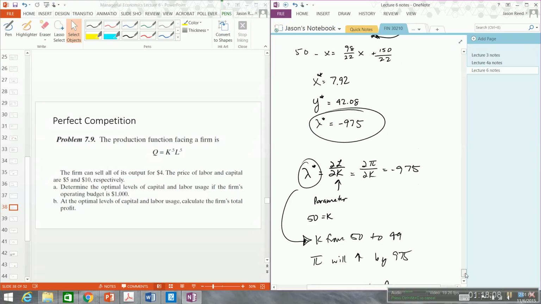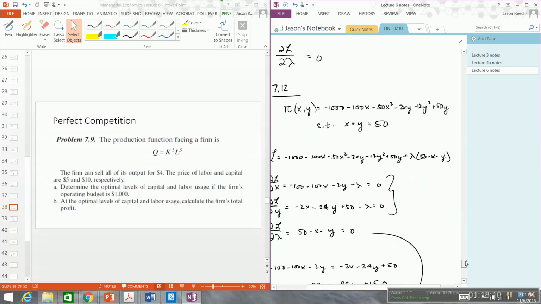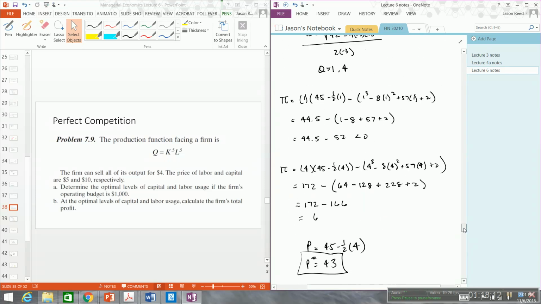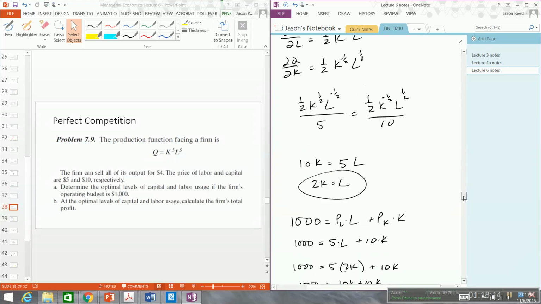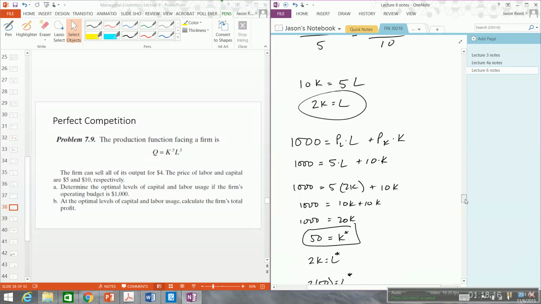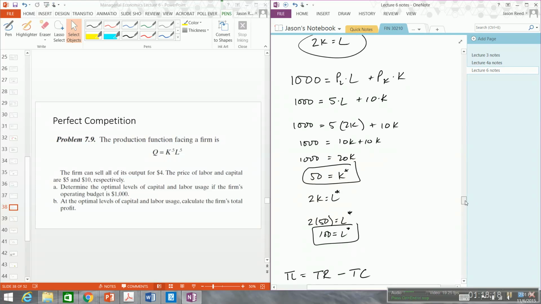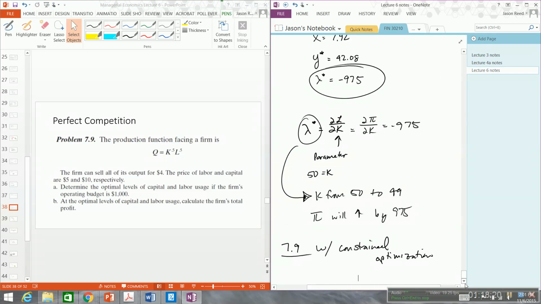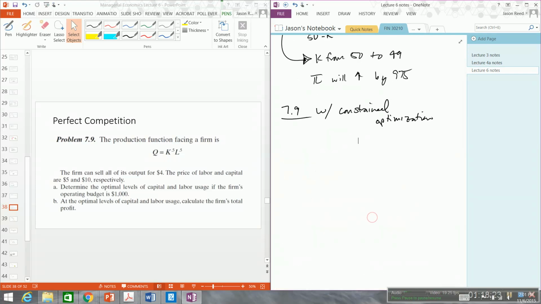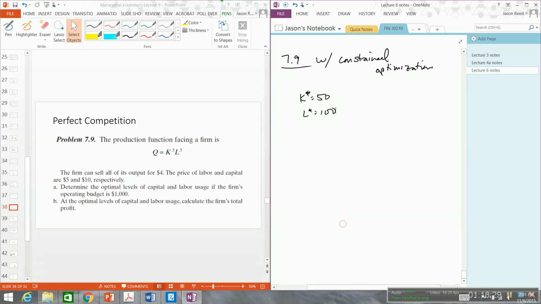So for 7.9, we found that K star is 50, L star is equal to 100. Could we have solved for this in a slightly different way? Let's see.